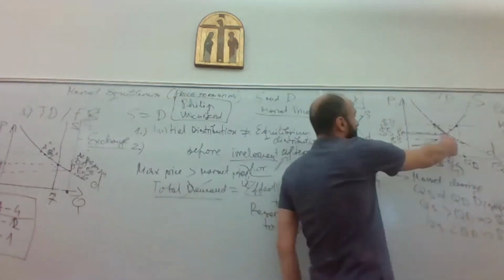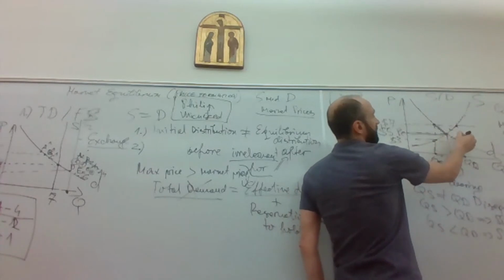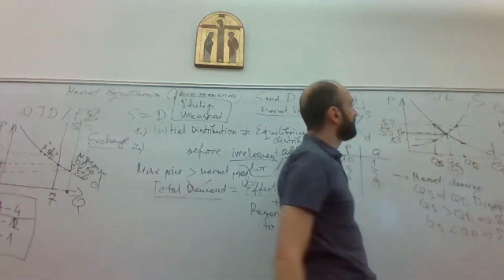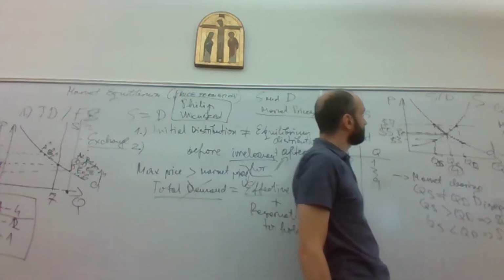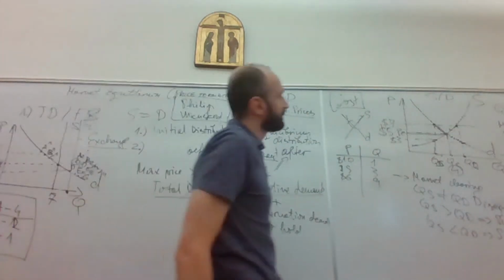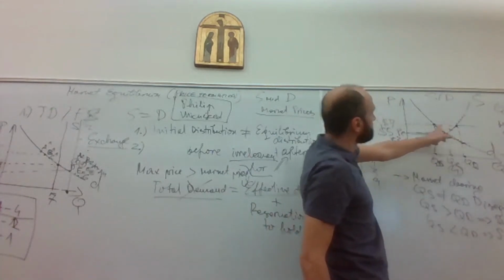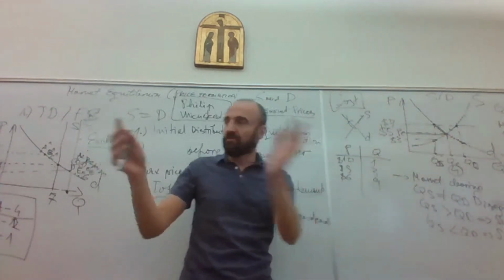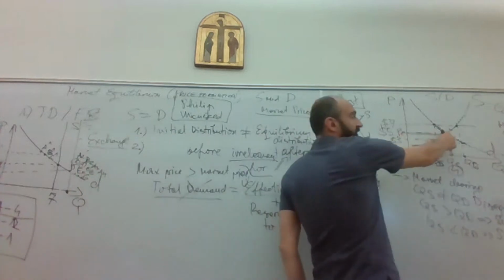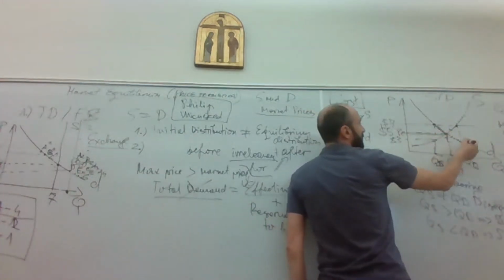So as the price goes up, this entire part of the demand curve that was outside of the market now enters the market. Actually exits the market, so the demand shrinks and the supply increases as price goes up.